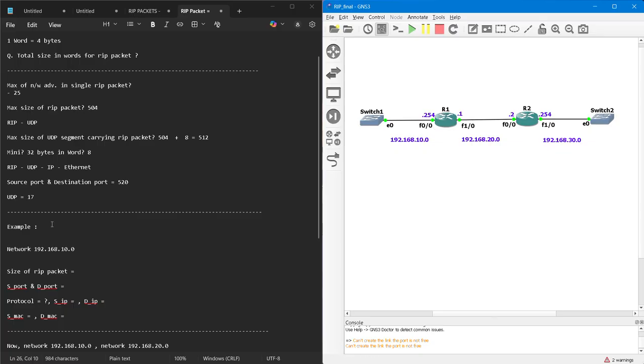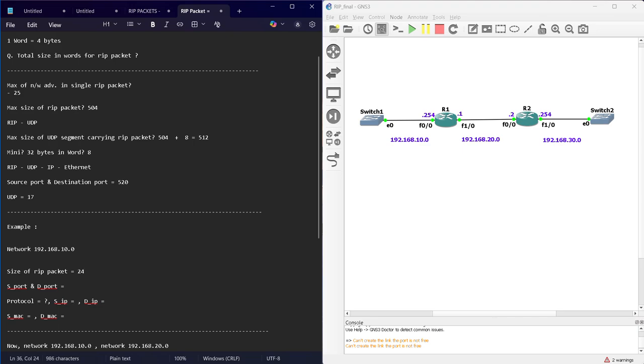Now, what is the size of the RIP packet all total? As I'm only advertising one network, the value will be 20 bytes, plus 4 bytes for our IP header, so all total that is 24.